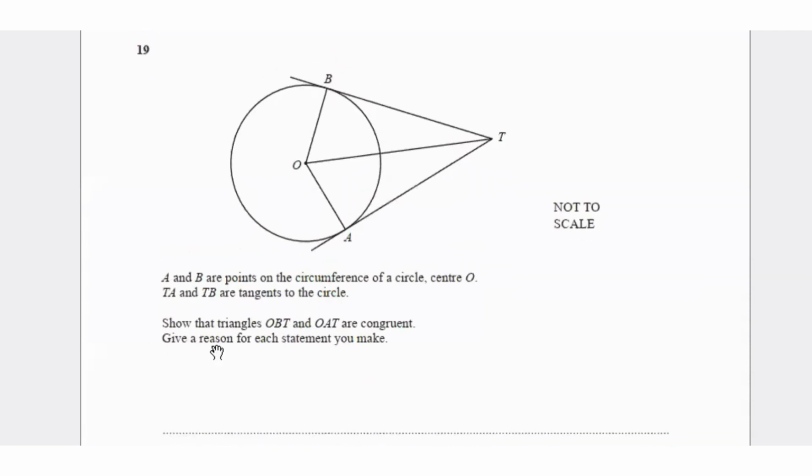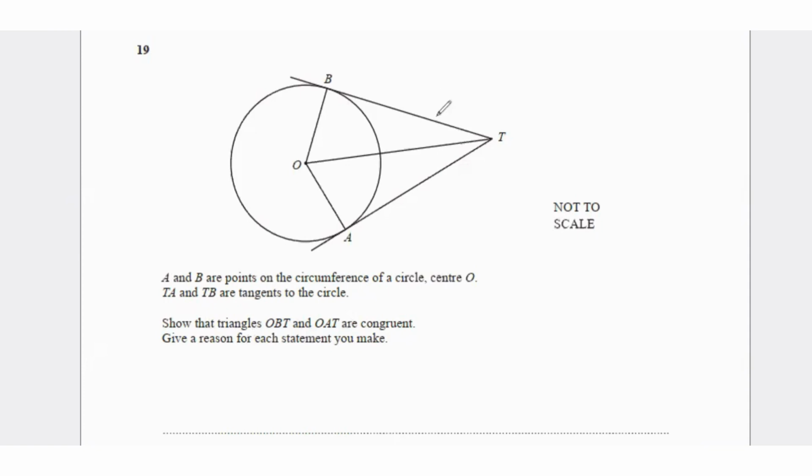Question 19 is saying A and B are points on the circumference of a circle, center O. TA and TB are tangents to the circle. Show that triangles OBT and OAT are congruent. Give reasons for each statement you make.